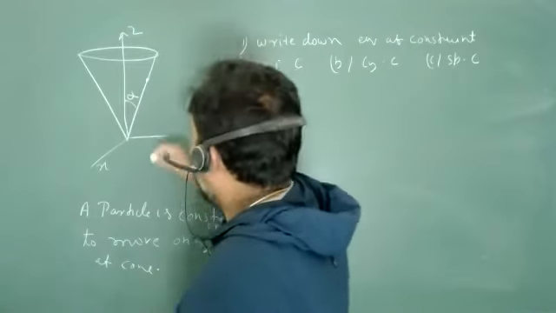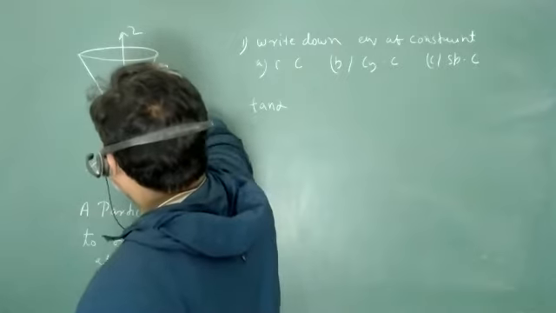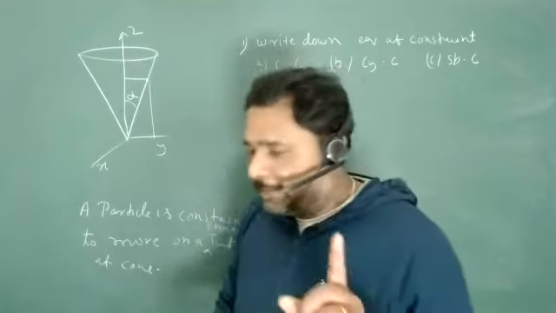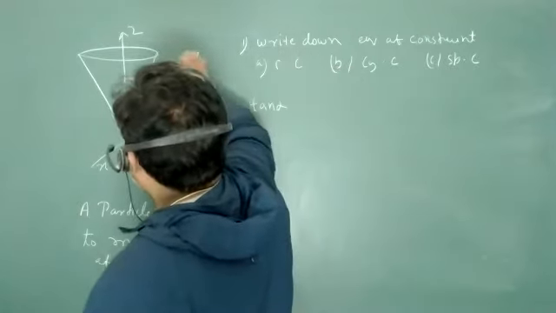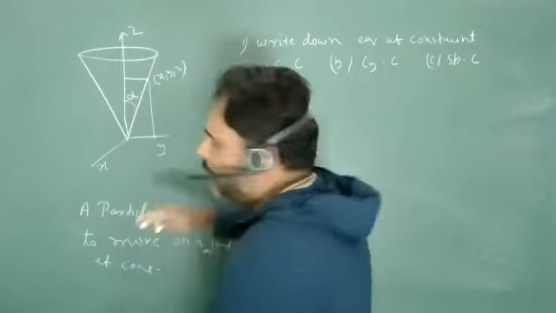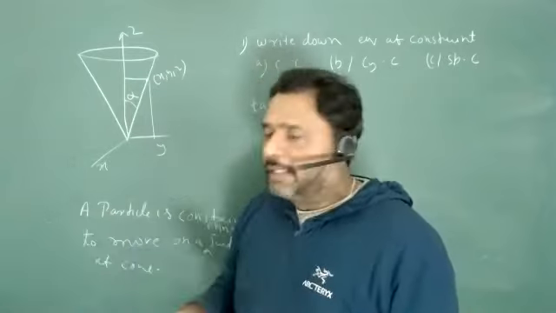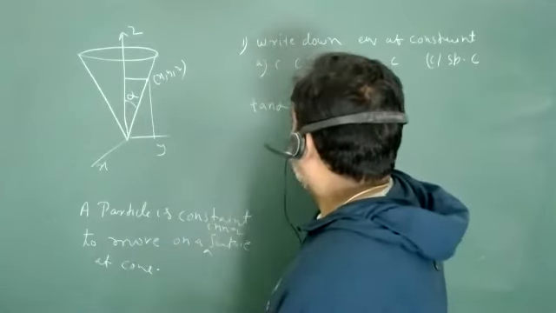So what is tan alpha? Tan alpha is this distance by this distance, and we have to use Cartesian coordinates. So what are the Cartesian coordinates here? X, Y, Z. Suppose we are writing tan alpha for Cartesian, cylindrical, and spherical coordinates. So tell me, what is tan alpha?